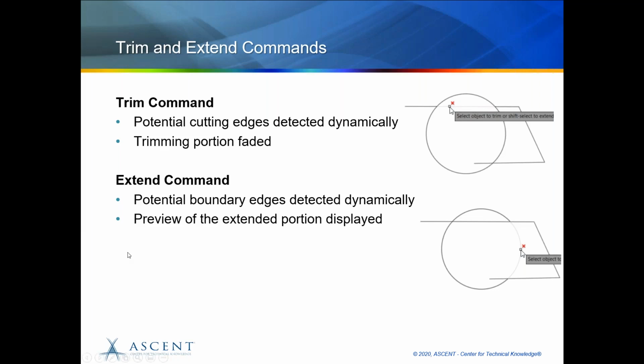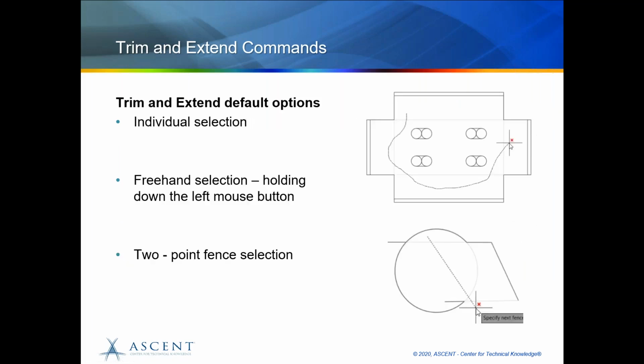Now the default options for both the trim and extend commands, there are 3 default options. So for the individual selection, all you do is you keep on clicking. And once you hover the cursor, as I mentioned before, it detects the boundary edges or the cutting edges.